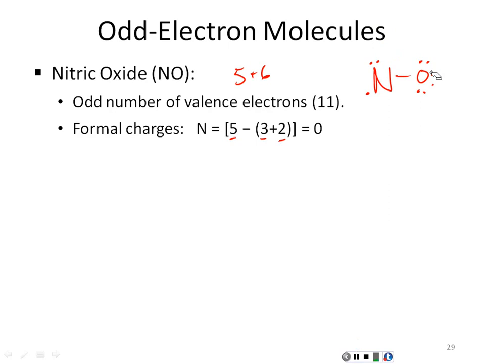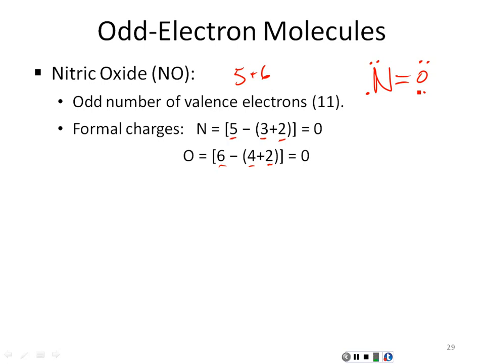So I suppose a more accurate way would be to include a double bond there. Now if we look at oxygen, 6 valence, 4 non-bonding, plus 1/2 of 4 or 2, and we can get the structure to have formal charges of 0 on both atoms in this molecule.